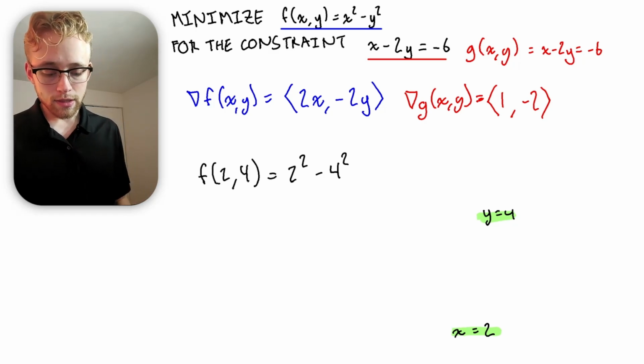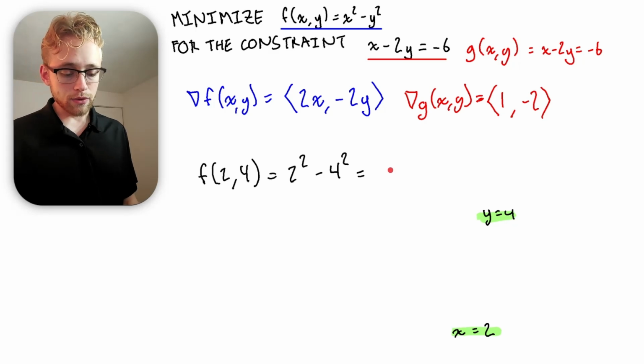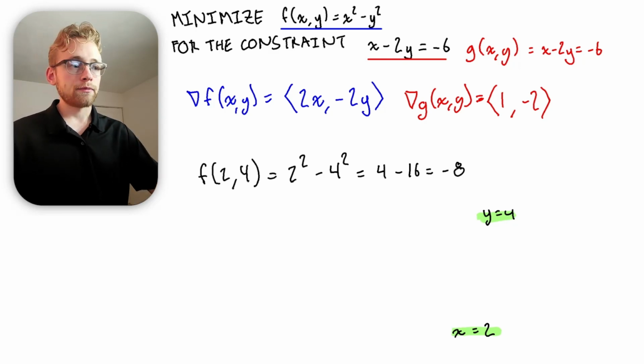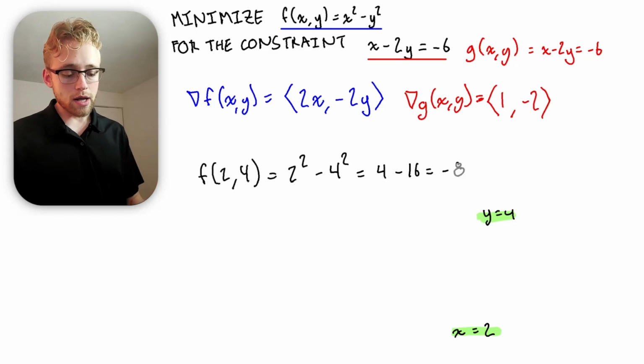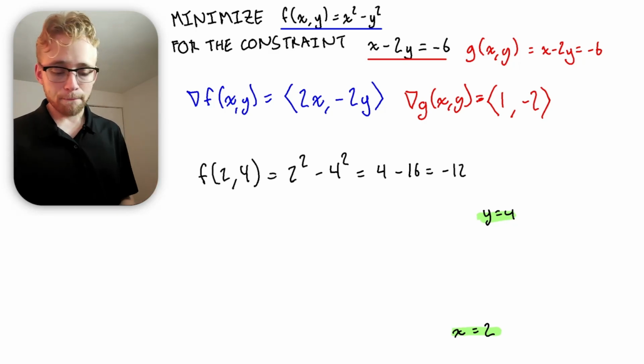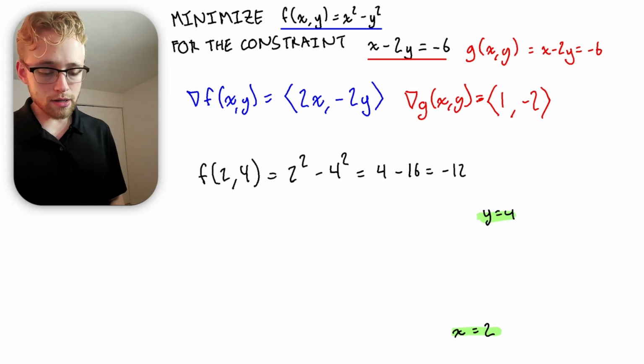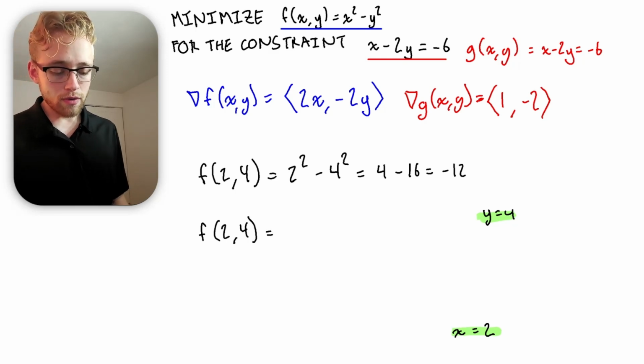That is equal to 4 minus 16, which is equal to, excuse me, not negative 8, that's negative 12. All right. And that is your answer. Your answer is at the point 2, 4. The minimum is negative 12.